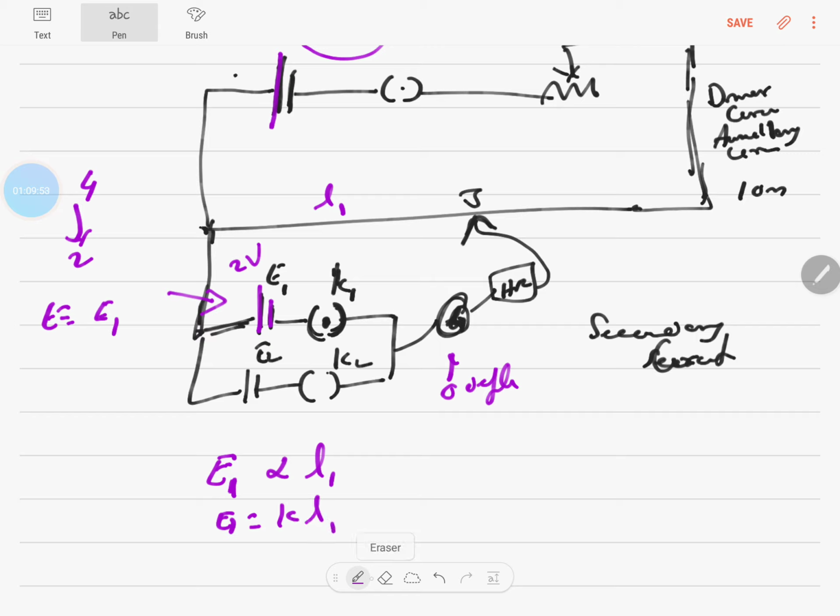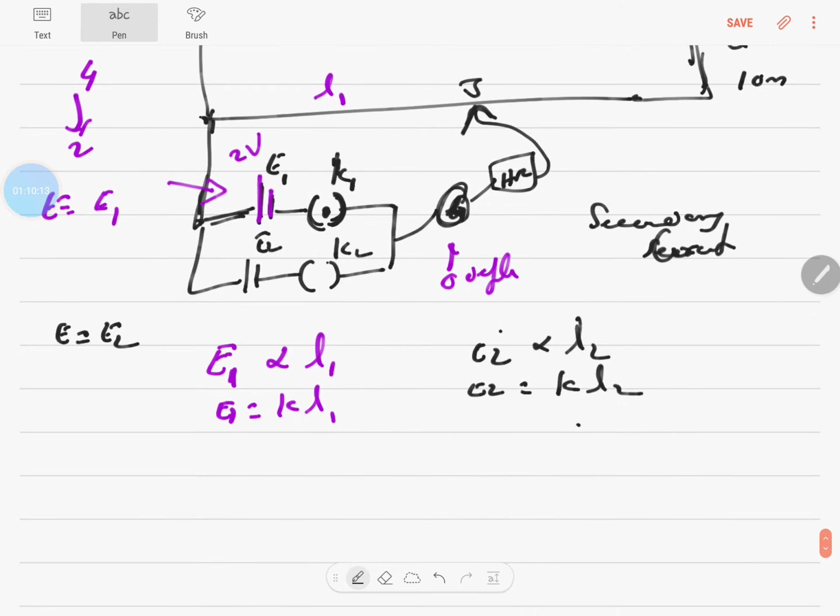Next I keep K1 open and K2 closed, in which case I'll get another length L2. In that case E will drop down to E2. Correct? And so E2 is proportional to L2. E2 is equal to K into L2, where K is the potential gradient. And E1 by E2 therefore is K L1 by K L2.